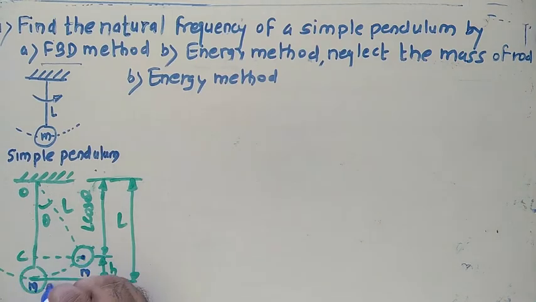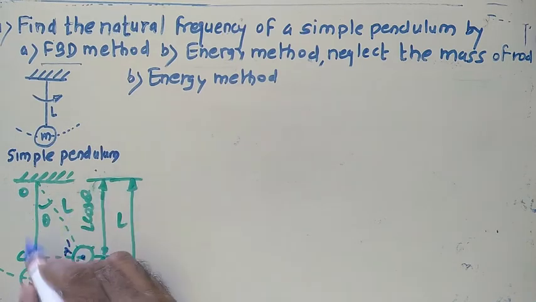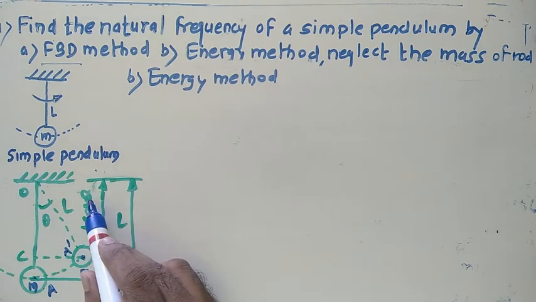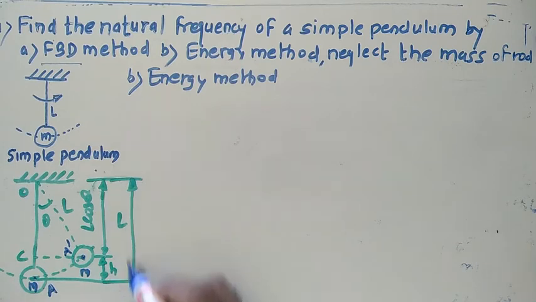Before displacement of this bob I'll give the name A for this position, and for this one I'll say A dash, at the center of the bob. So from this triangle OCA dash, you can get the length of this side as L cos theta. So here with us L, and this height is nothing but H.